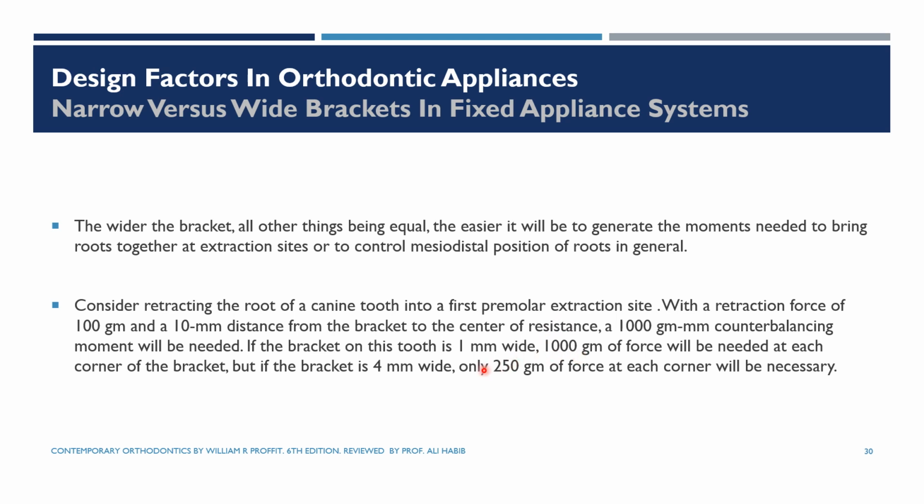But with our regular brackets, which are 4 millimeter wide, you can generate 1000 gram millimeter counterbalancing moment by applying only 250 gram of force, because 250 gram of force times 4 millimeter will be equal to 1000 gram millimeter. That will be enough to counteract the moment of the force.